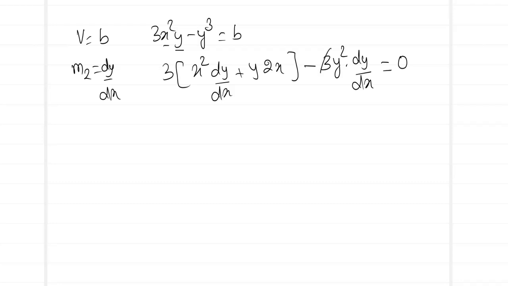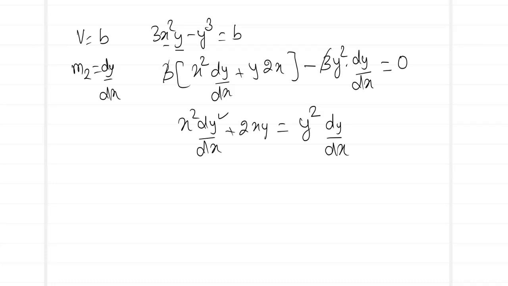This 3 can be cancelled off by taking it to the opposite side. X square dy by dx plus 2xy will be equal to, take this quantity to the opposite side, so you have minus will become plus y square dy by dx. You can also take this quantity over here to the opposite side and club all your dy by dx together.